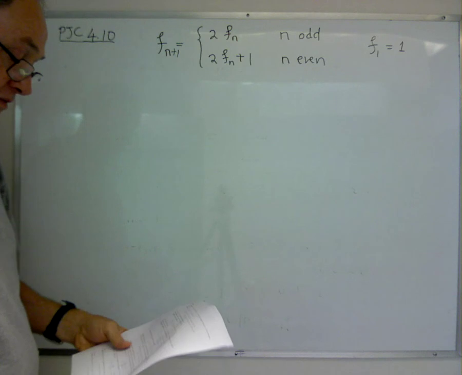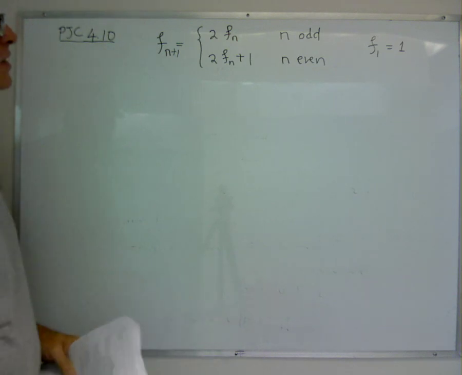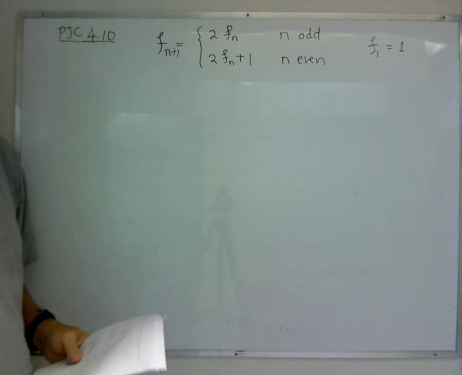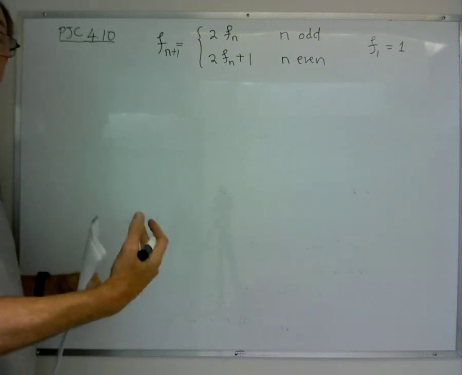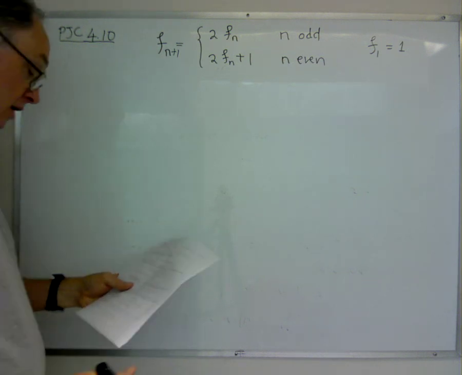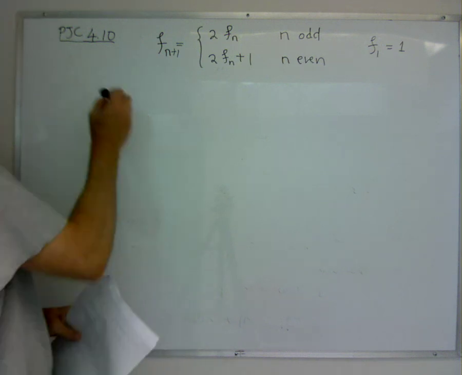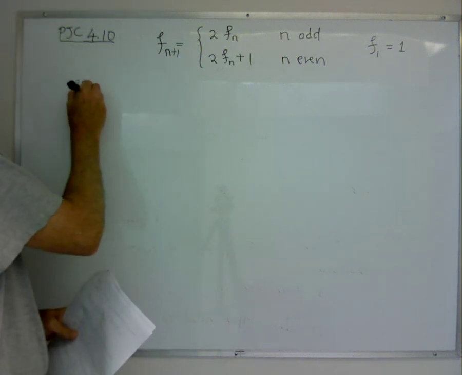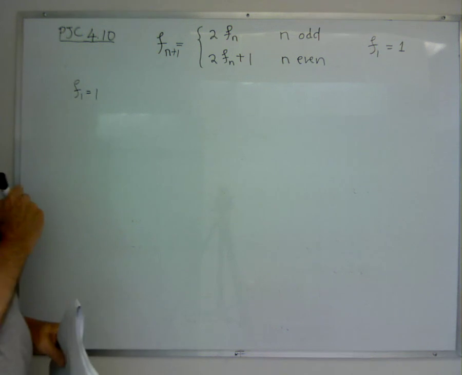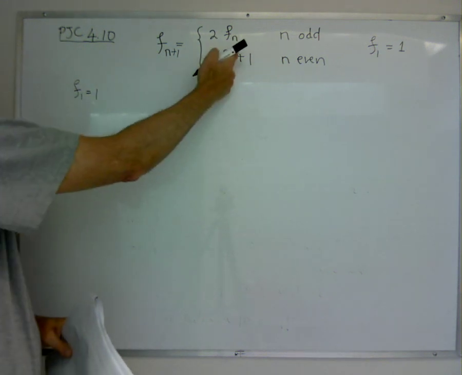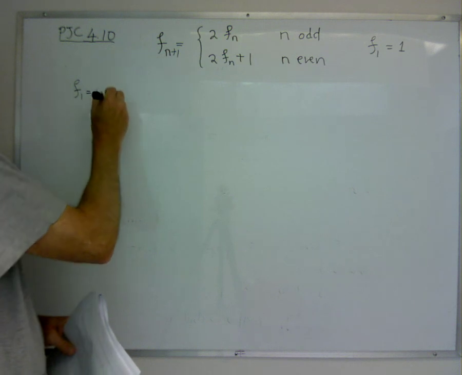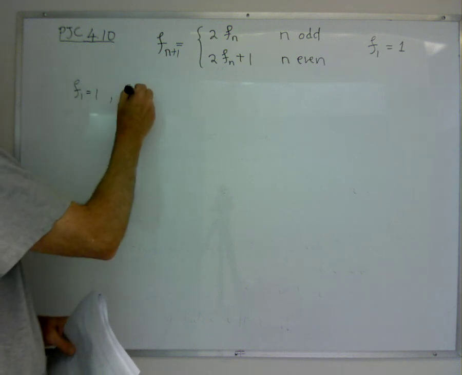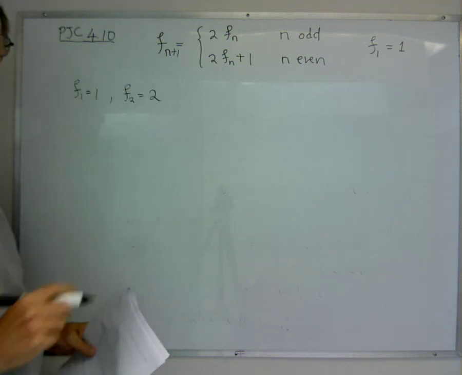So you would assume that there is some parity effect in here, and you have to take care of that somehow. So how would you do that? The first thing you do is, you know that f1 is equal to 1, so n is odd, n is 1, and so you double up. So when you double up, you get f2, and so this must be equal to 2.